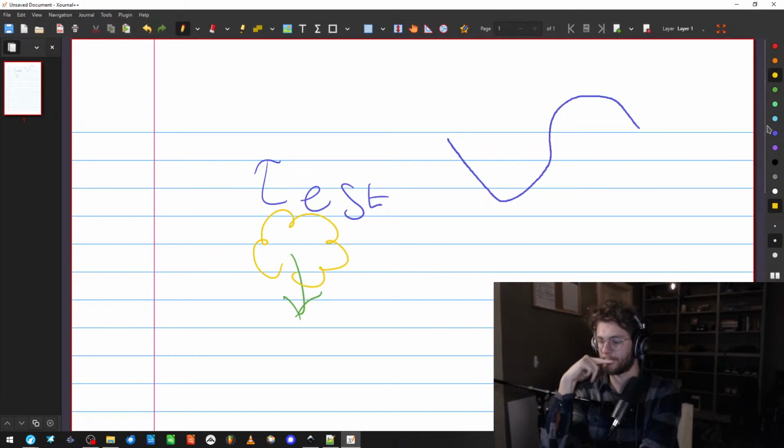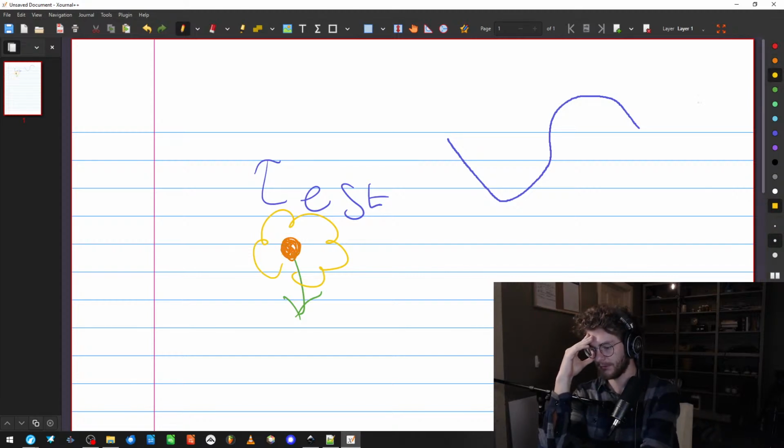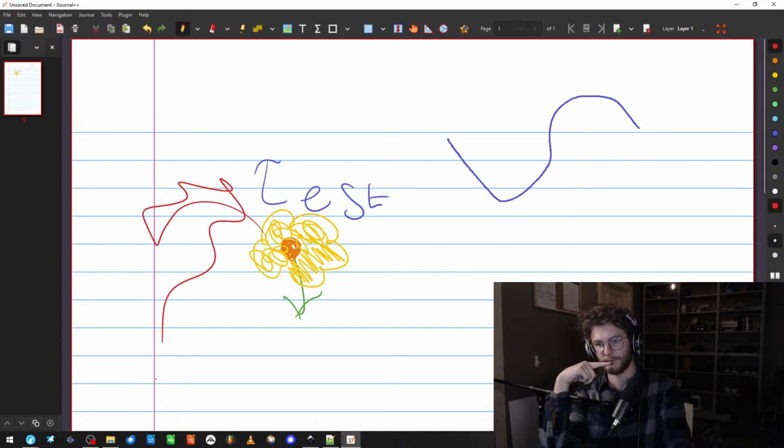Yes, we have pretty colors that actually match relatively well. Thank goodness. See, I can actually do yellow against white where I couldn't do that before. That's good. And the red doesn't look like actual garbage.